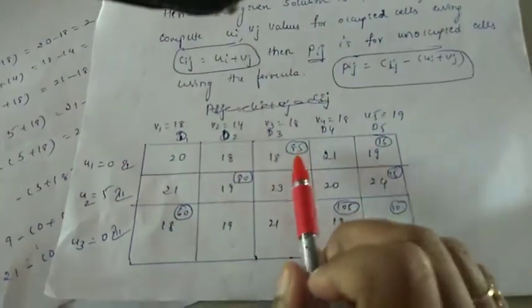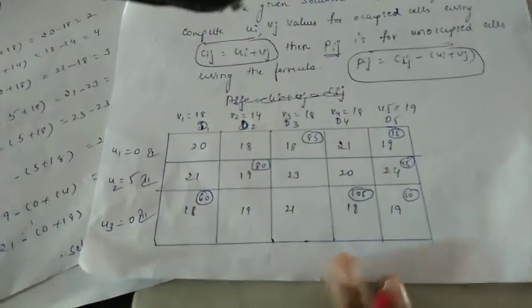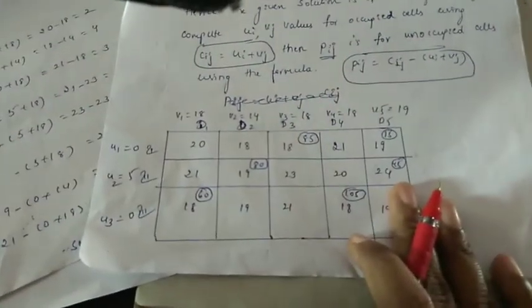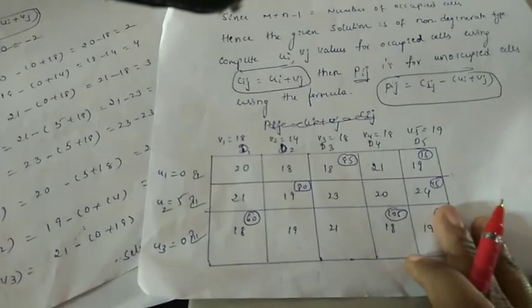Just this table I copied here. What numbers are allocated in this table? 18, 85, 19, 15. This is the final answer we have. In this initial basic feasible solution, I will find the values of u1, u2, u3, v1, v2, v3, v4, v5.